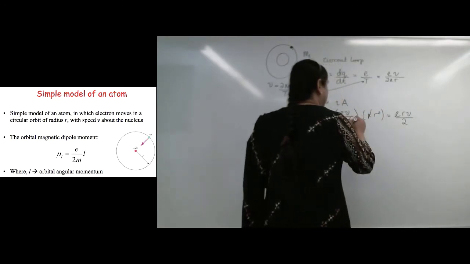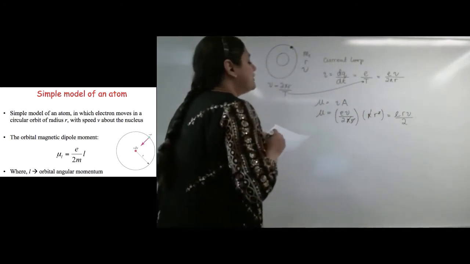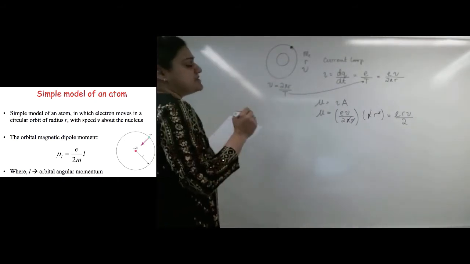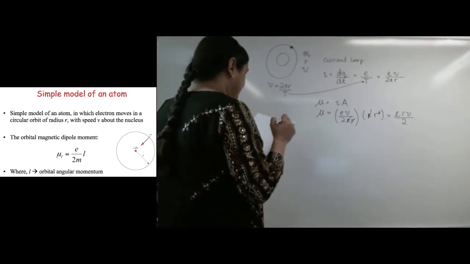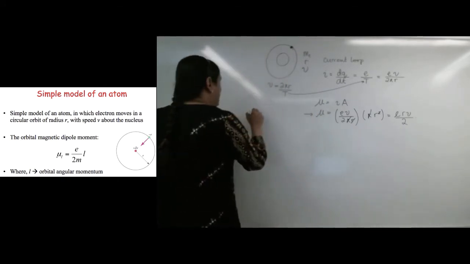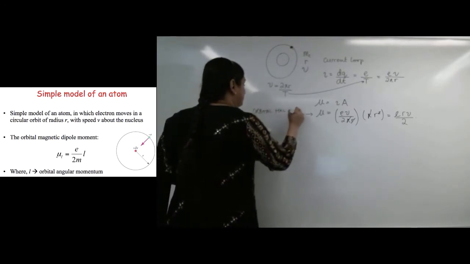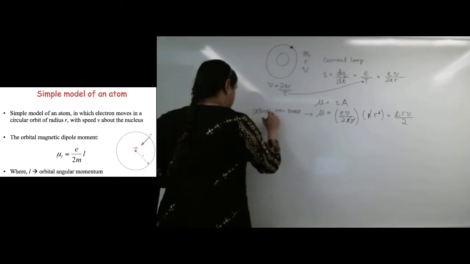Pi goes away, one R goes away, and I'm left with the magnetic dipole moment of e times R times speed divided by 2. This is now called the orbital magnetic dipole moment.